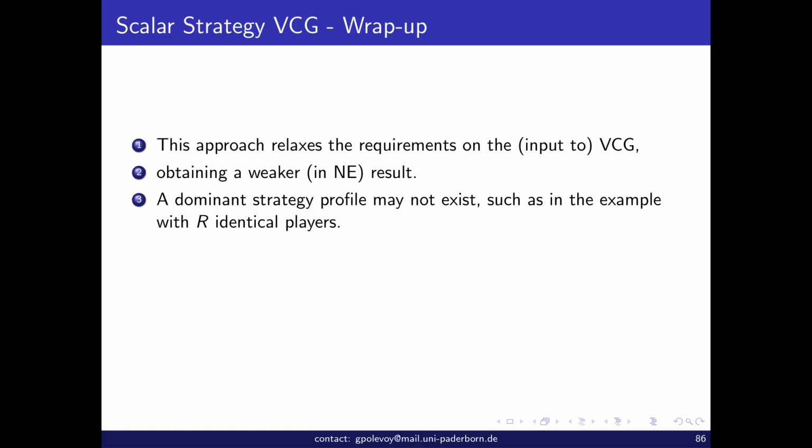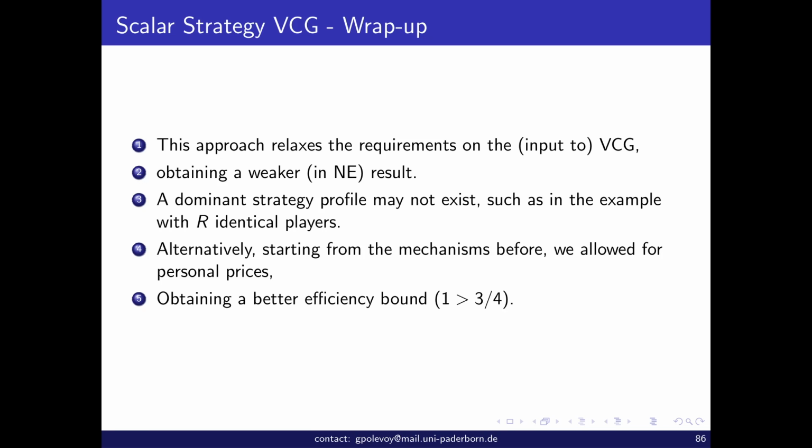We can look, however, at what we just did from a different point of view, from the point of view of the mechanism of proportional allocation. Relative to that mechanism and all those mechanisms we defined with this calligraphic D, starting from those mechanisms, we actually extended what we allowed.